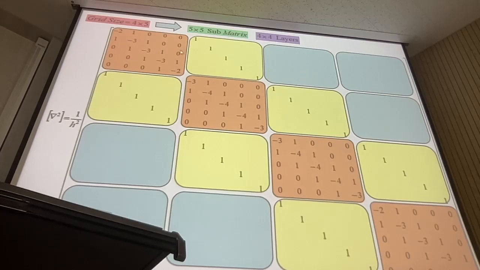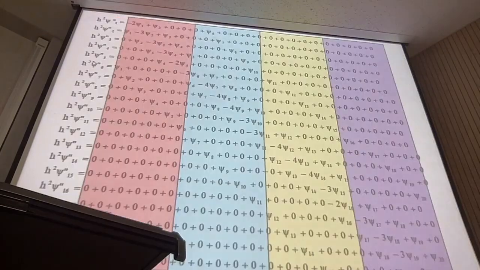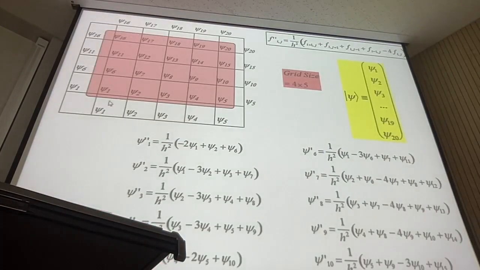This is a 20 by 20 matrix, and there exist 5 by 5 blocks, 5 by 5, 5 by 5, and 5 by 5. And there are 4 of them because along the y-axis there are 4 data points. Along the x-axis there are 5 data points, so it becomes 5 by 5. If I go back, here, along the x-axis we have 5 data points, along the y-axis we have 4 data points.